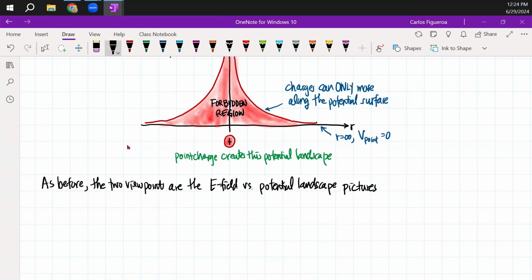So this will be the electric field picture, and then this will be the potential landscape picture.